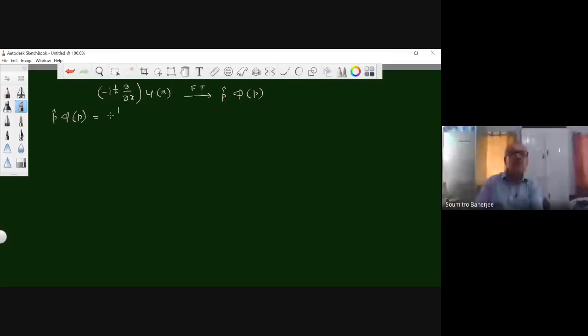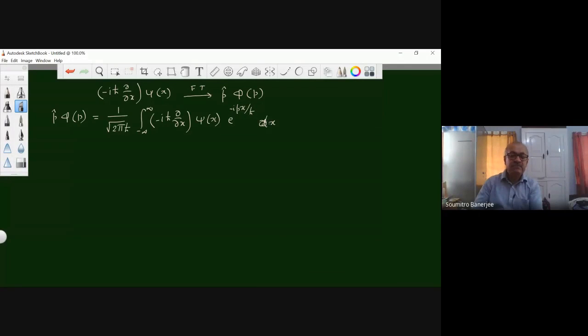Again, in order to take the Fourier transform, 1 over root 2 pi h cross, integral from minus infinity to infinity, it is this term: I have to write minus i h cross del x of psi of x. In order to take the Fourier transform, it is e to the power minus i p x by h cross, del x, so dx.